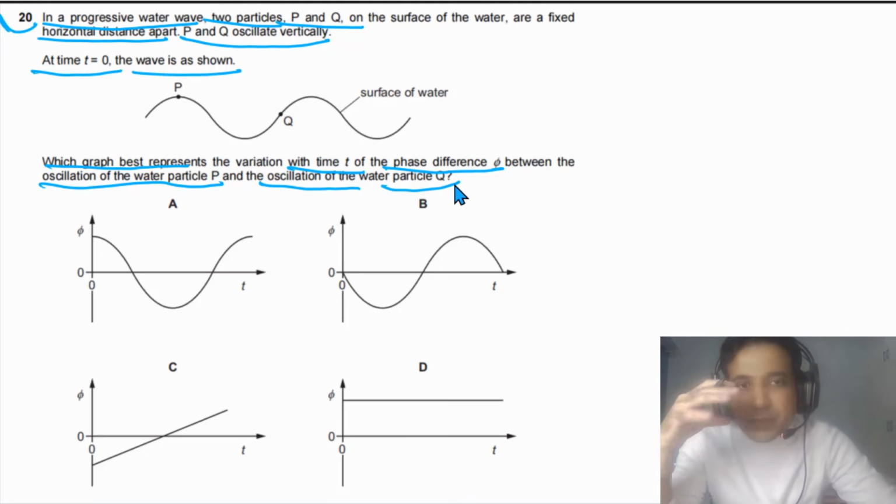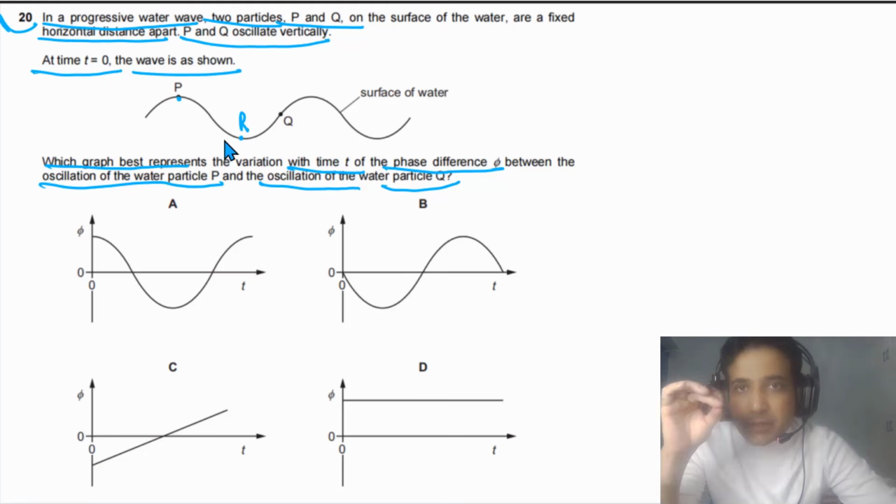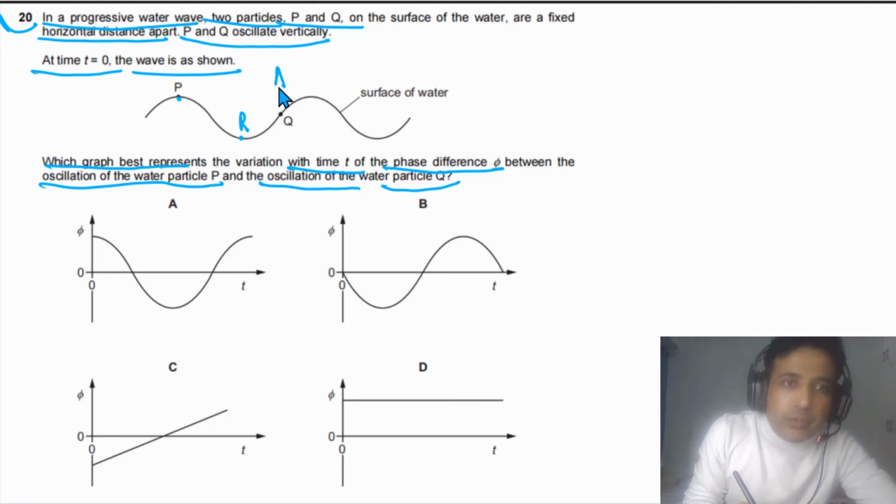So very nice question. For this one, you need to understand, if we take any two particles, let's say we take a particle here and one particle at this point. Simply we can say this particle is R. The phase difference between these two particles is 180 degrees. So we can write down here the phase difference between P and R is equal to 180 degrees.